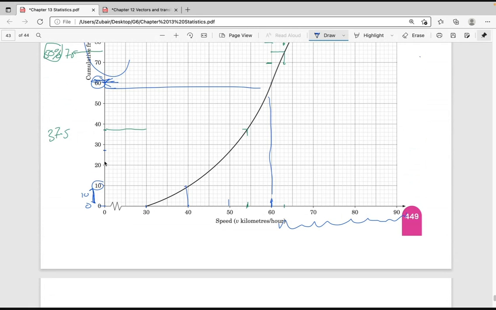So let me read this. These are 2, 1, 2, 3, 4, 5, 6, 7. So this is 27. And at 40, we have 10. So what is the difference between 40 and 50? This is 27 minus 10, that is 17.